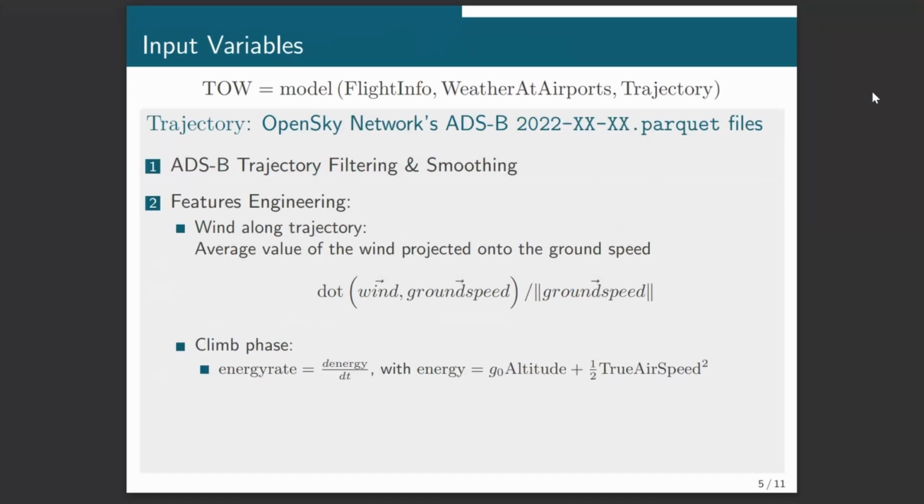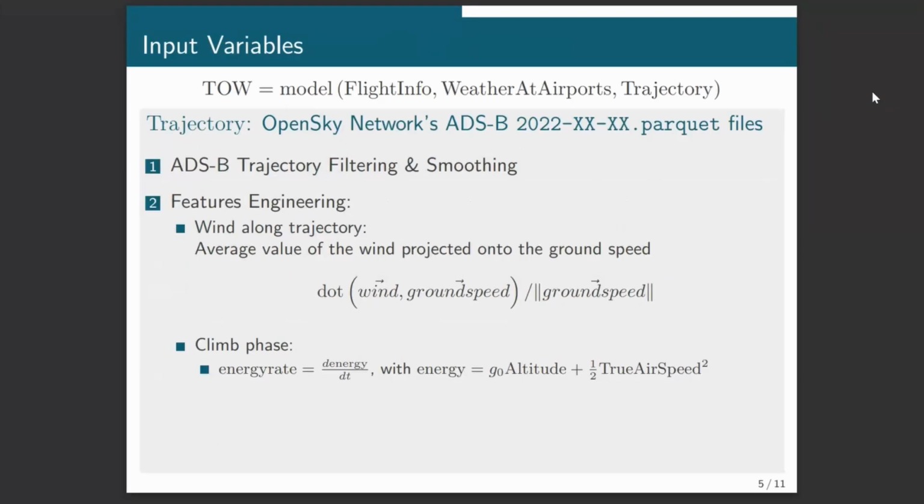So here we have the potential energy plus the kinetic energy. And this is really related to the mass of the aircraft, because the heavier the aircraft is, the slower it will climb, the slower it will accelerate.